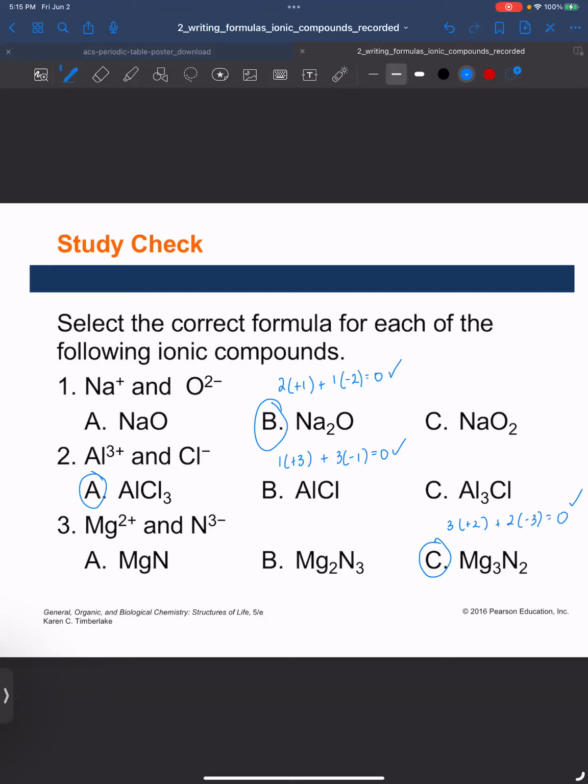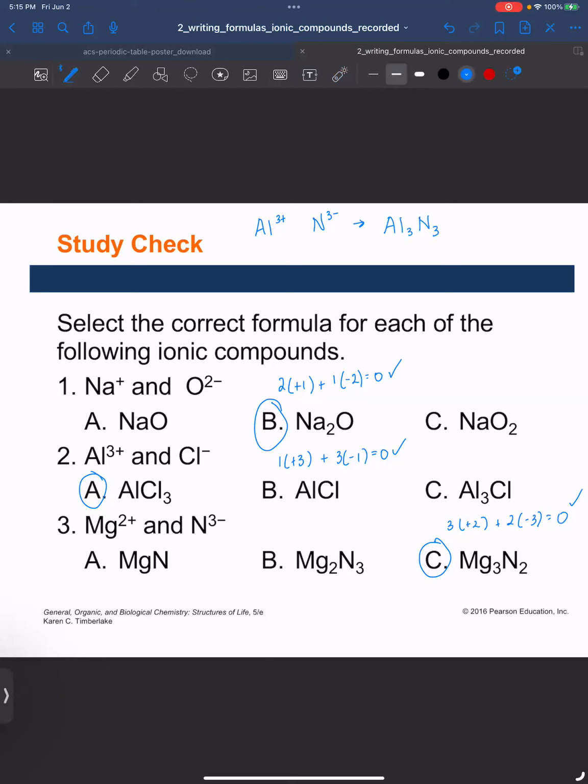Now, the only caveat to the crisscross rule that you need to be careful for is something like aluminum and nitride, or the nitrogen. If you do the crisscross rule here, you would end up with Al3N3.